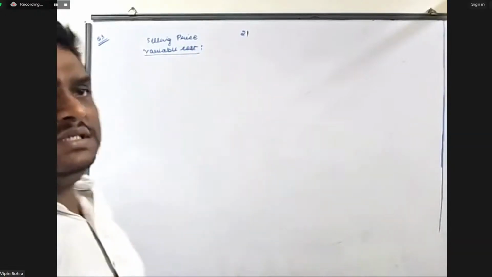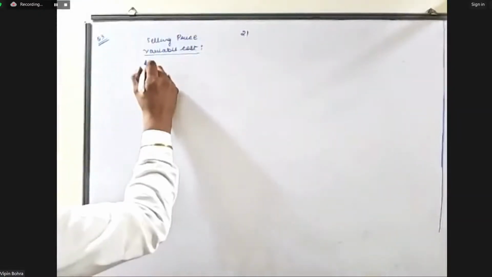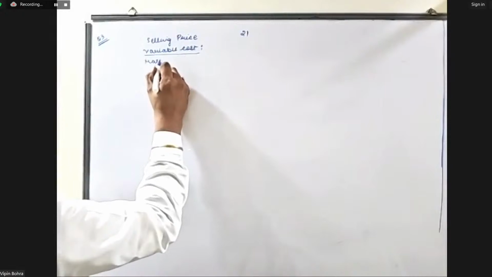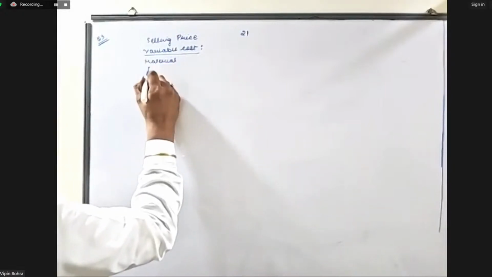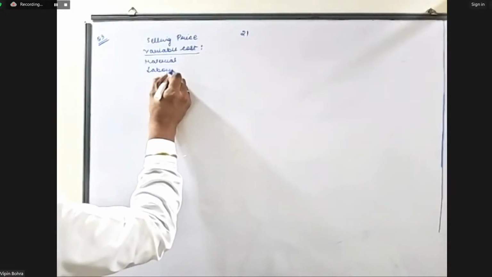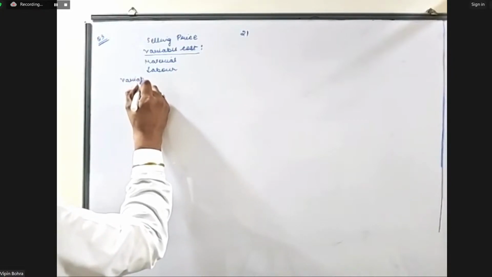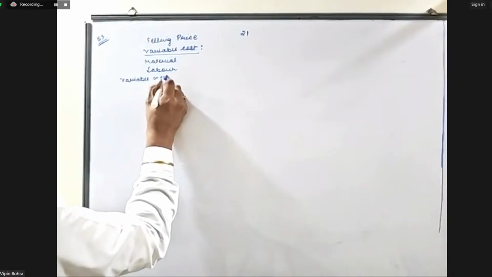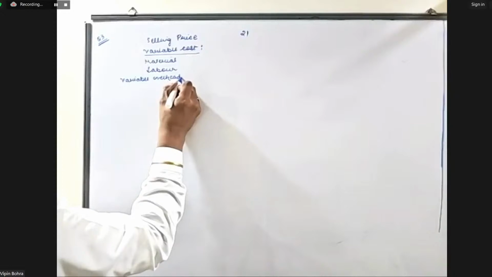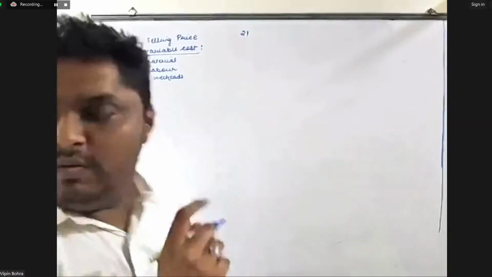My variable cost is available, that is material, labor, variable overhead, that is 7.8, 2.1, and 2.5.